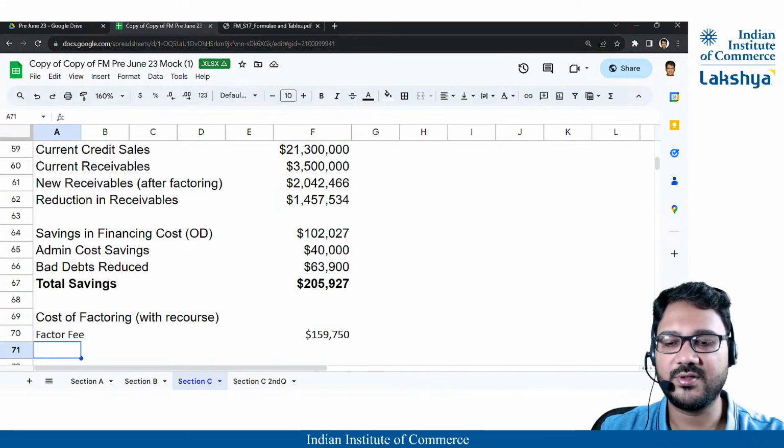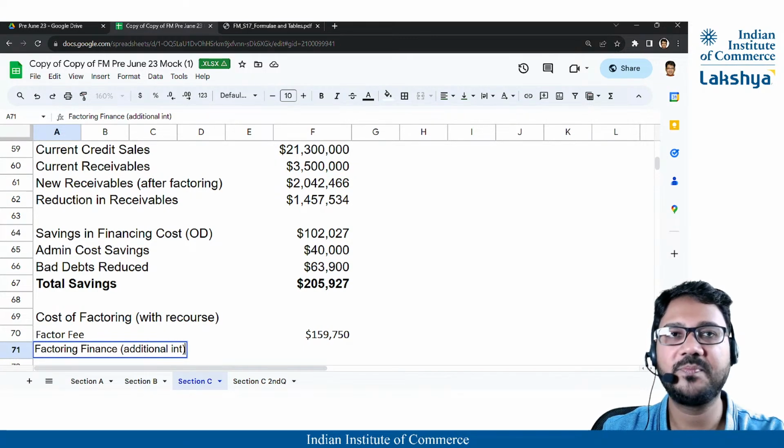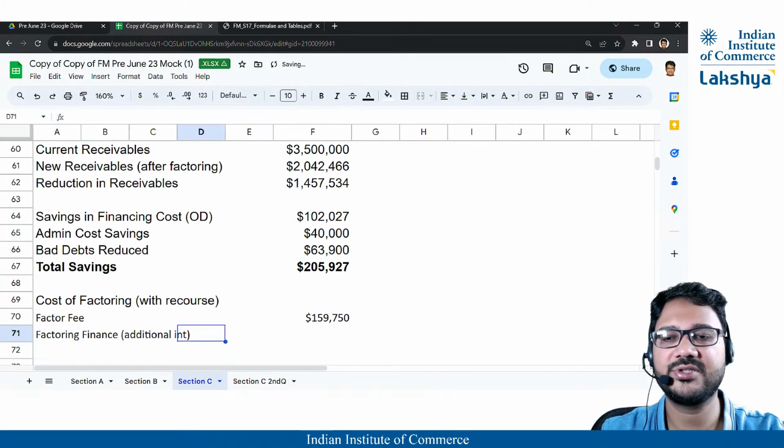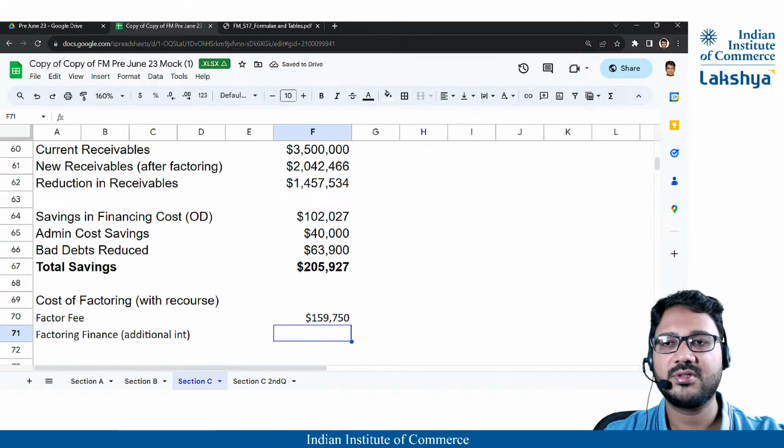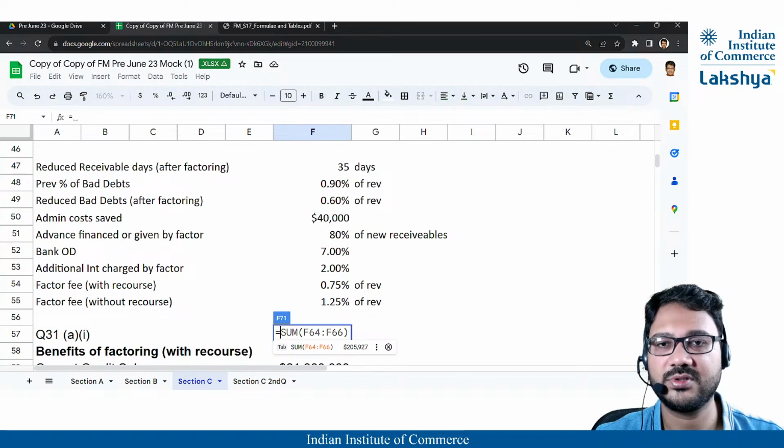Then we have factoring finance, that is the additional interest that we will have to pay. Okay, 2% additional interest on the new receivables it will become. Okay, so 2%, where was it?